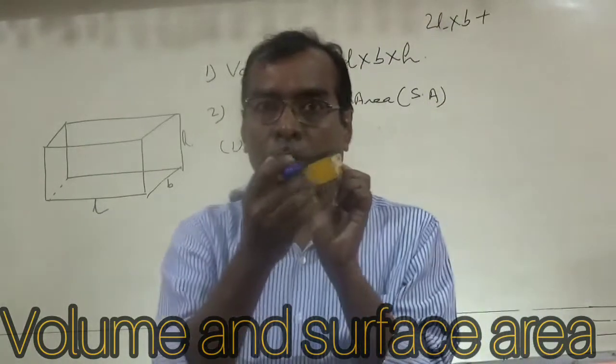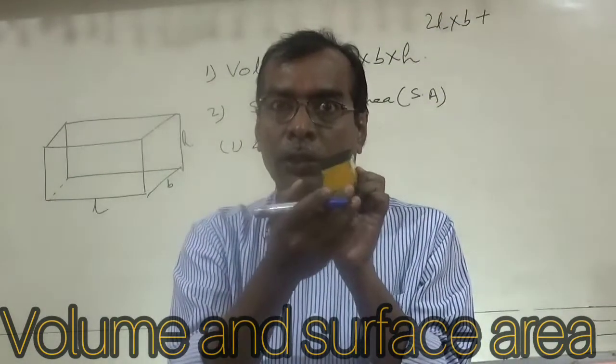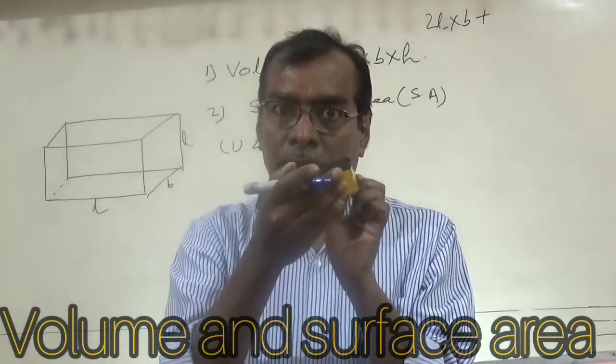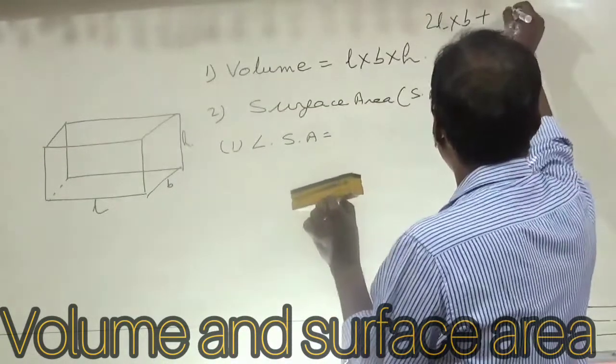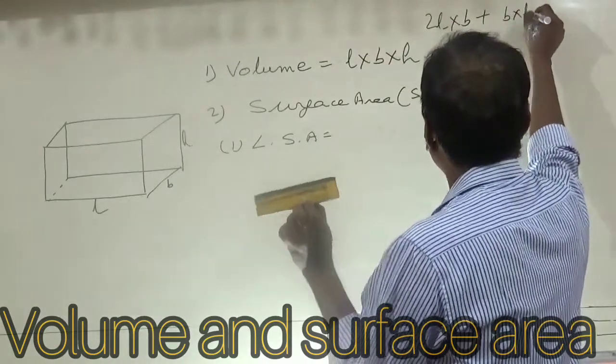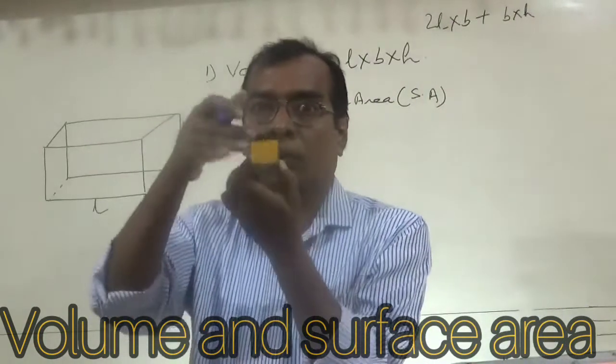Similarly, this front one consists of breadth and height, so this area is B into H. And obviously this one and this one are identical.